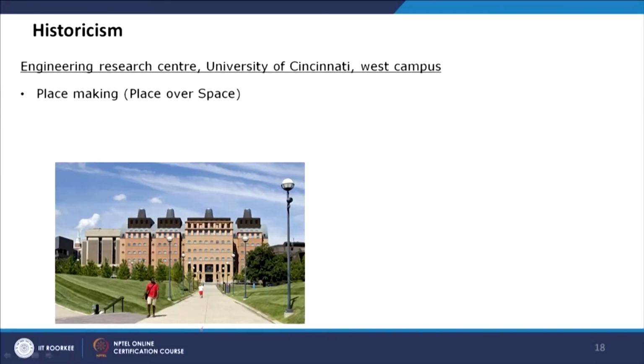Now here, this is the placemaking thing which I was talking about. This building could have been just added like a building block, and then one road could have gone like that.